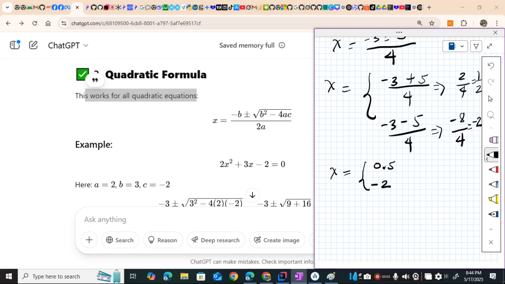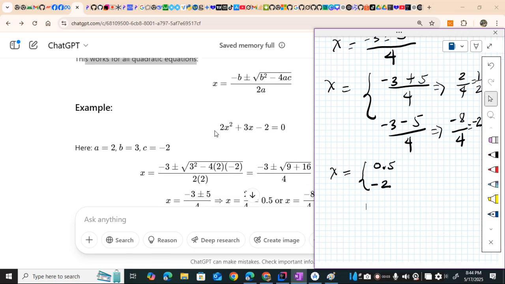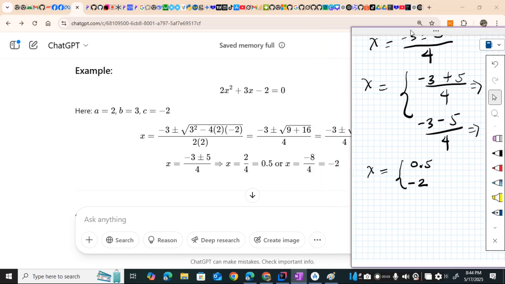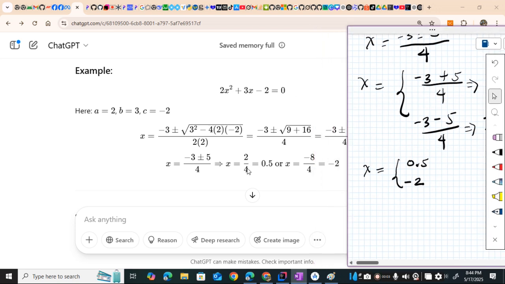Let's check if that is correct. According to ChatGPT, that's correct. So the first one is 0.5, that's the first root, and the other one is negative 2.